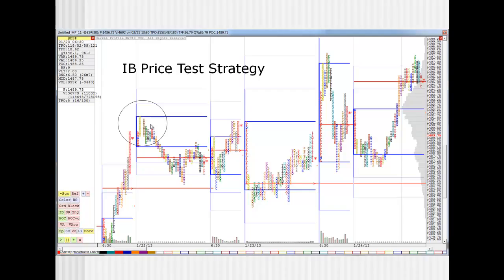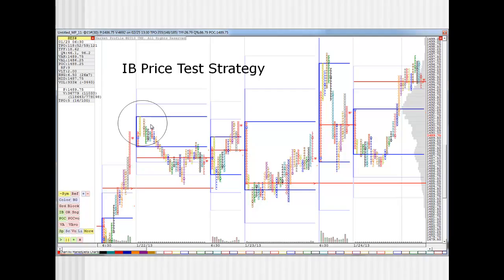I'm usually extracting and taking information from the profile chart, but in this case you could actually trade off of the profile chart. The one thing that you are going to do differently is you are going to split the profile. And what you have before you on this chart is in fact a split profile.